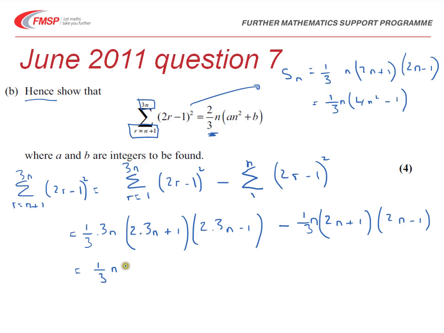So we'll take the 1/3 n out, and in the bracket here we've got this first one will be 3 times, and then we've got 6n plus 1 and 6n minus 1, and then minus 2n plus 1 and 2n minus 1.